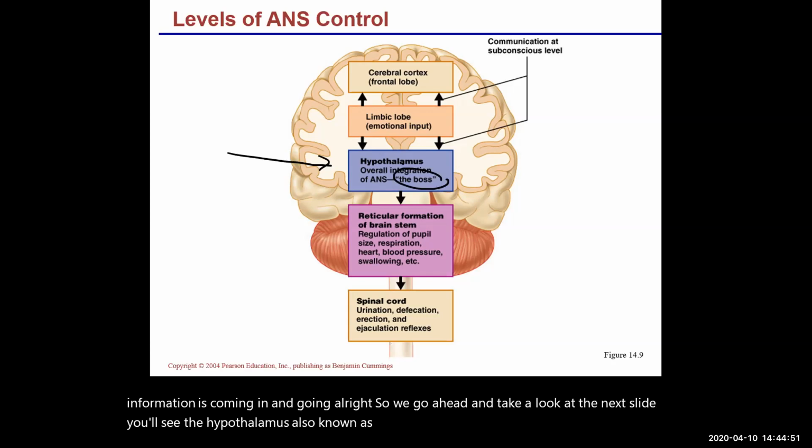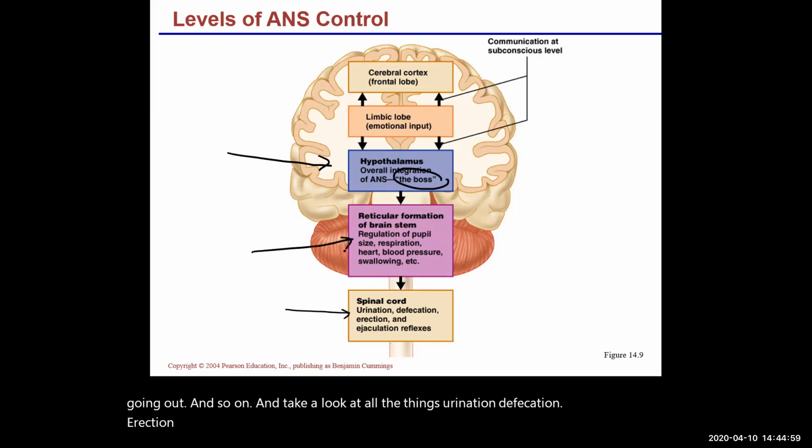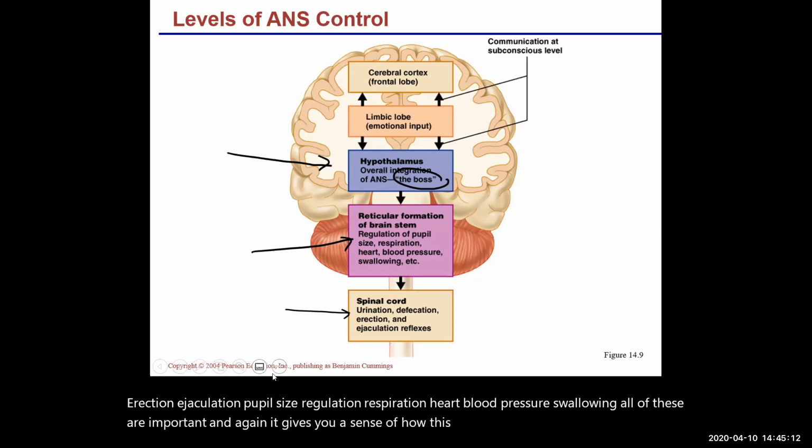And take a look at the arrows coming in and going out and so on. And take a look at all the things: urination, defecation, erection, ejaculation, pupil size regulation, respiration, heart, blood pressure, swallowing. All of these are important. And again, it gives you a sense of how this hypothalamus is controlling all that.